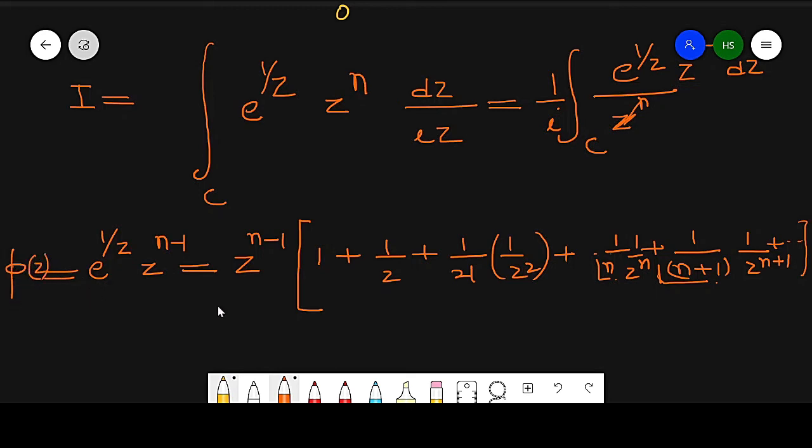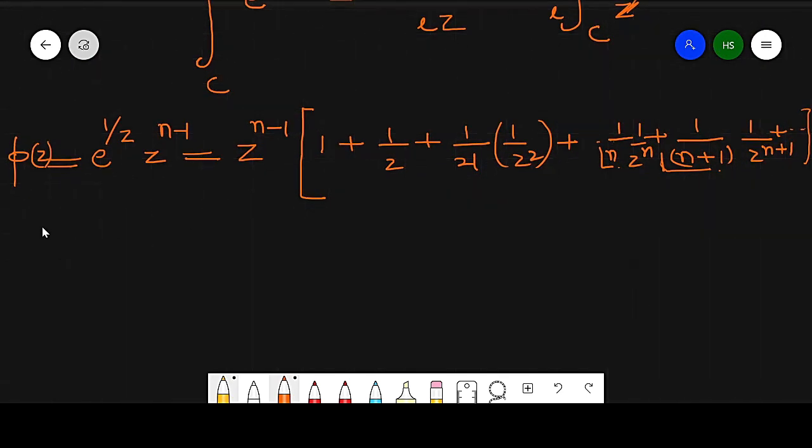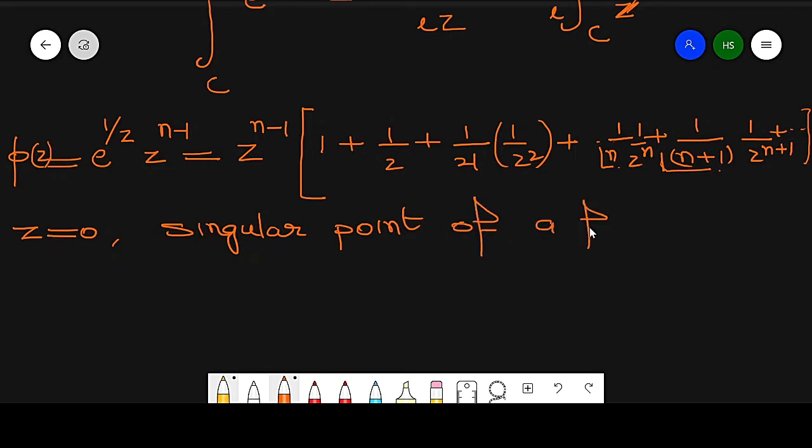So z equal to 0 is the singular point of the function phi z.